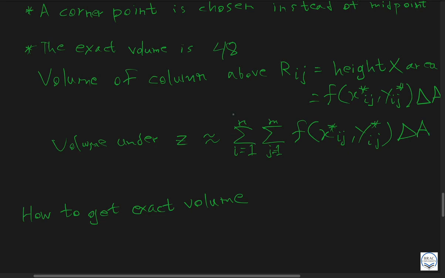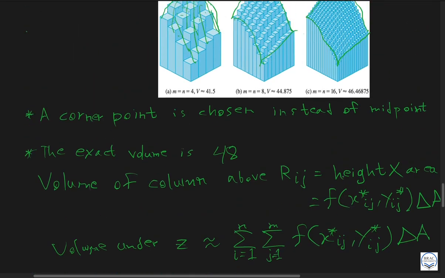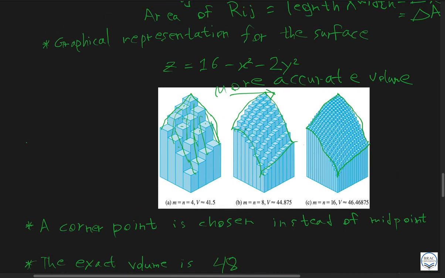Now we have the exact same situation. If we want to get the exact volume, we have to increase the values of m and n to a really large number, right? So we have the same sense as before, that we want to take the limit that both m goes to infinity and n goes to infinity.